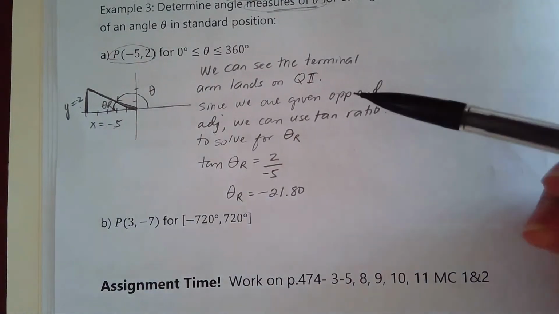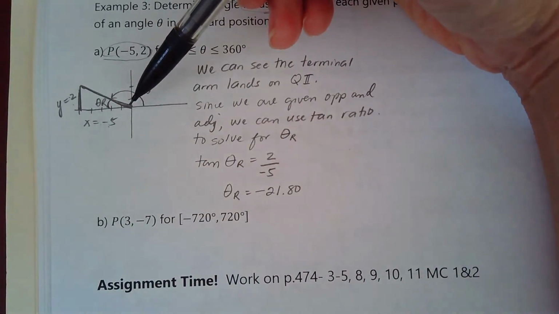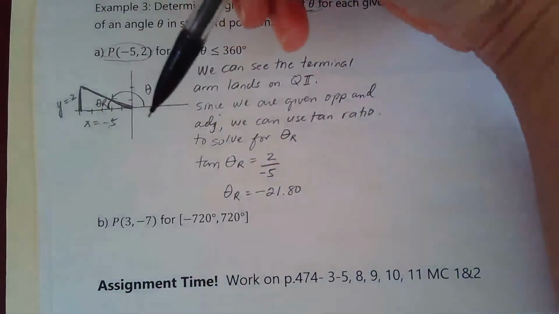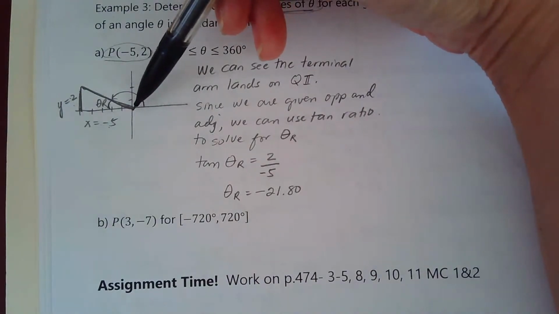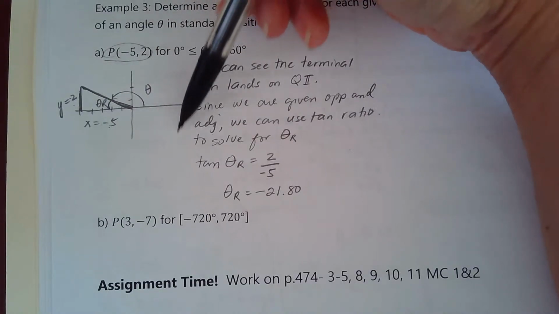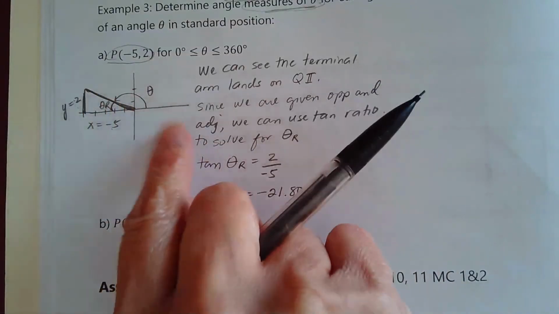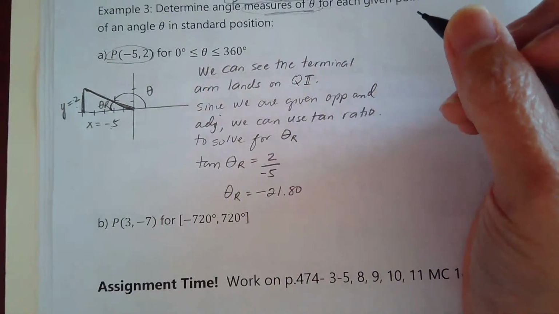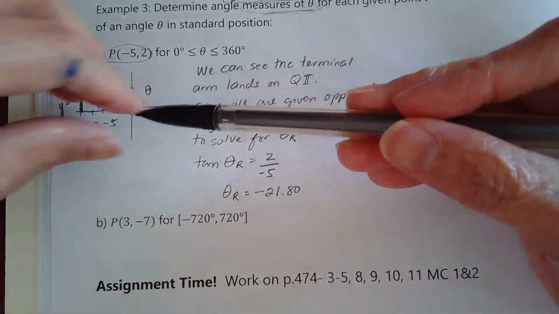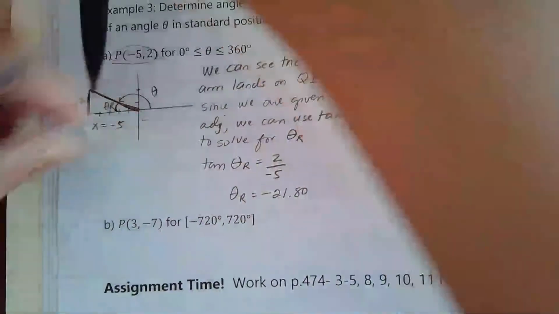Because it's a negative tangent, your calculator is not the best at critically thinking about this, and it doesn't know that it's in quadrant 2. It's forcing us to look at quadrant 4, because tan is negative in quadrants 2 and 4. The closest one is quadrant 4 from the initial arm. So it's easier for the calculator to think this way instead of going all the way around.